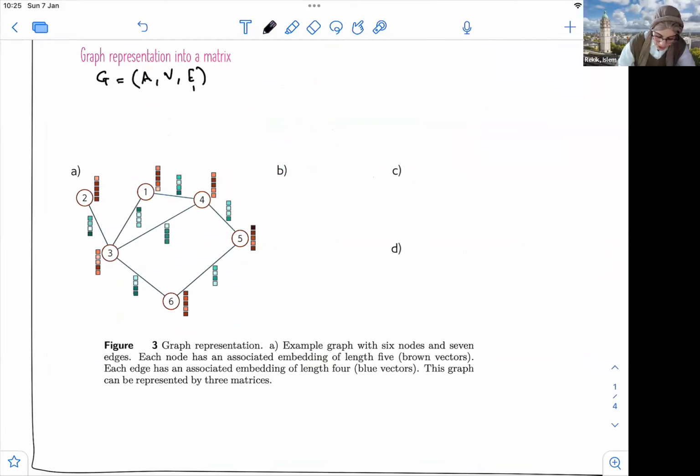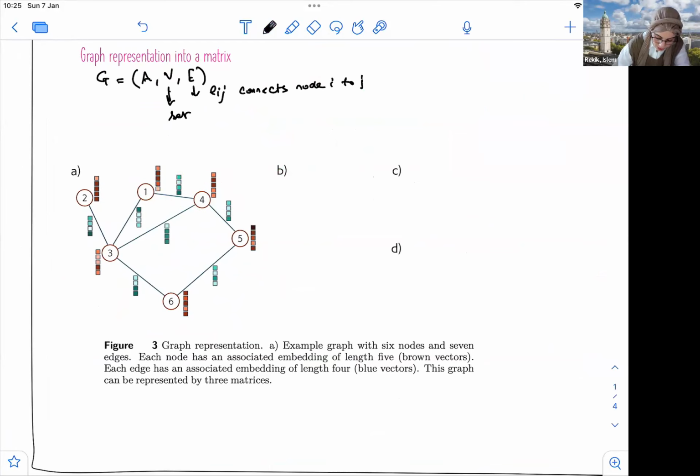The set of edges, an edge e_ij, connects node i to node j in the graph.